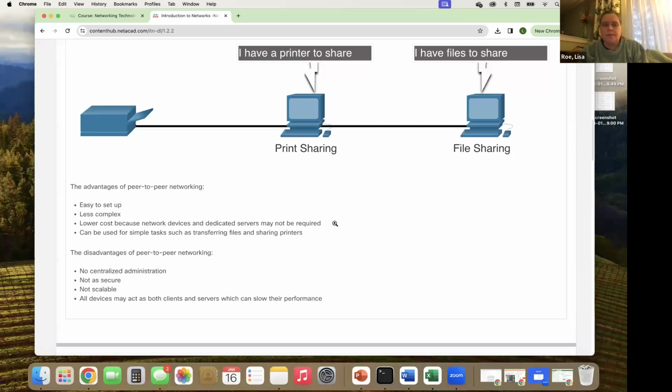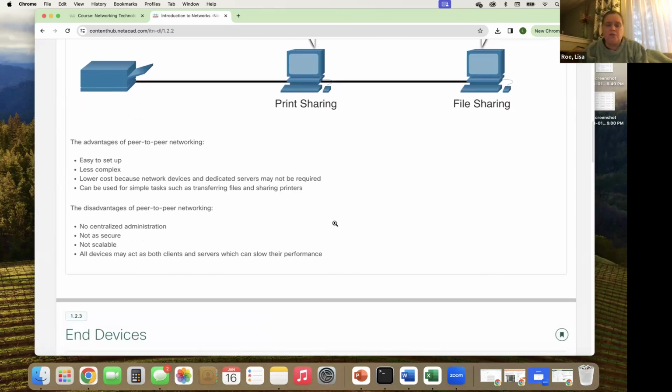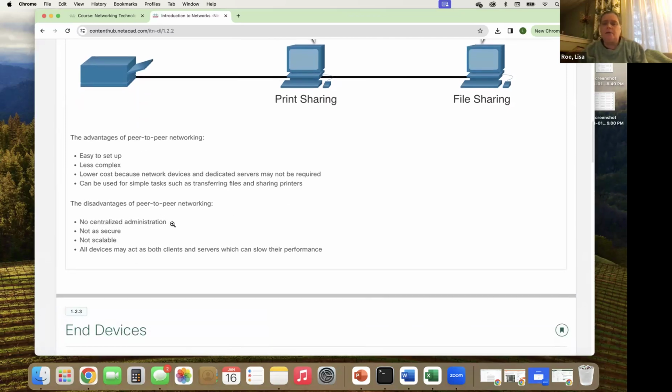We'll talk about servers in a minute. And then it can be used for very simple tasks. Disadvantage, again, there's no central administration. That means there isn't a place where I can store all my applications. There isn't a central user database, which is really important in certain types of networks, like the BCC school network or business networks.